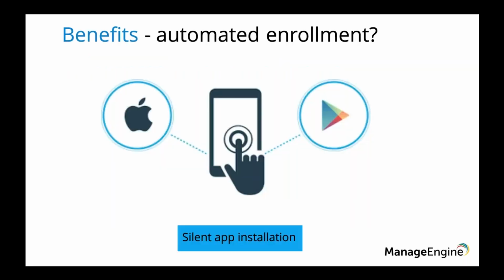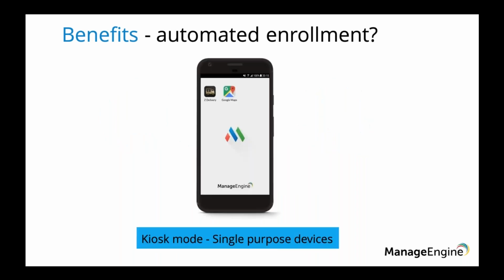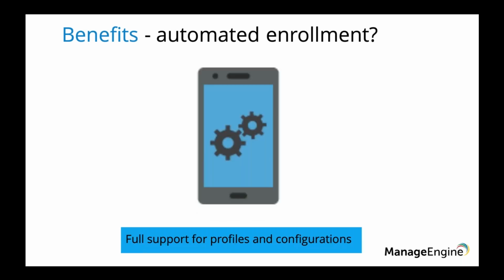Before that, what are the benefits of an automated enrollment? You can silently install applications on the devices because they are going to be completely controlled by the corporate itself. You can lock them down in kiosk mode, because single purpose devices right now are on the growth, and you can lock down an entire device to run just a few applications alone.